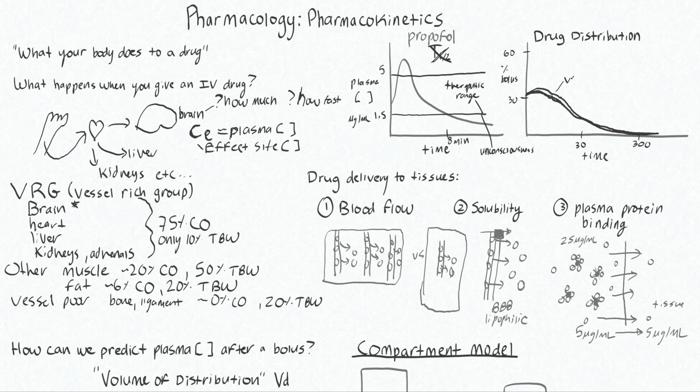This is your vessel-rich group, and this was your blood. Your muscle, which does not initially receive as much of the drug, will slowly increase in the amount of propofol that it has, and then decrease again. Fat starts low and will creep up.